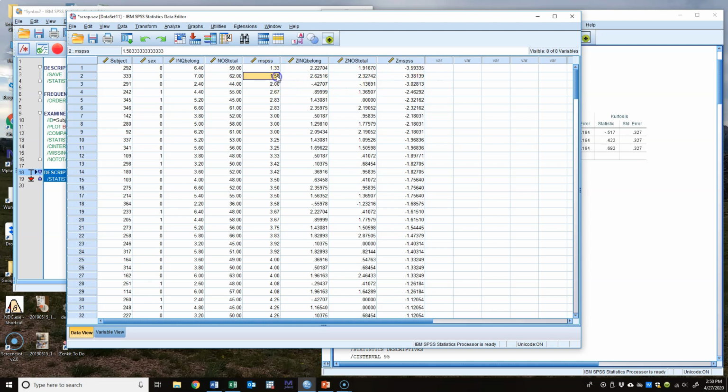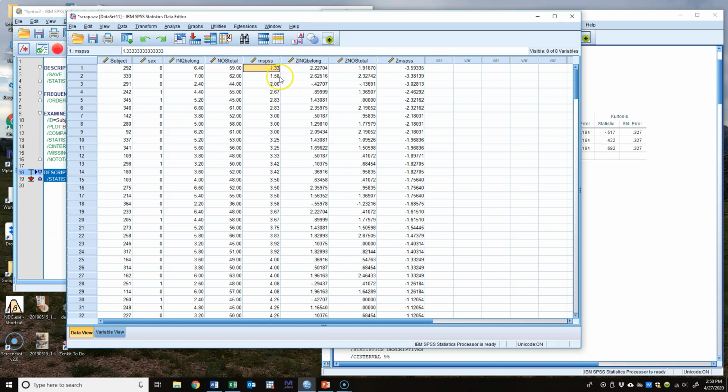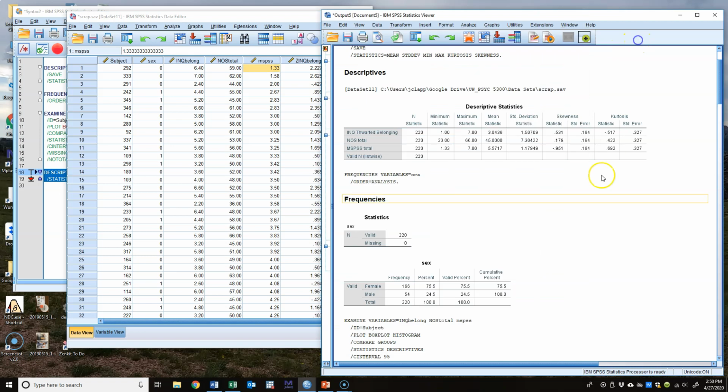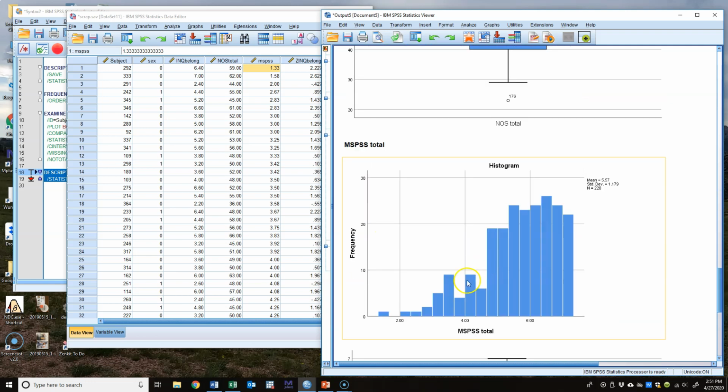If average is about 5.6, a score of 1.33, 1.58 is pretty low for our output. So this is going to be folks hanging out down at the low end of our MSPSS.